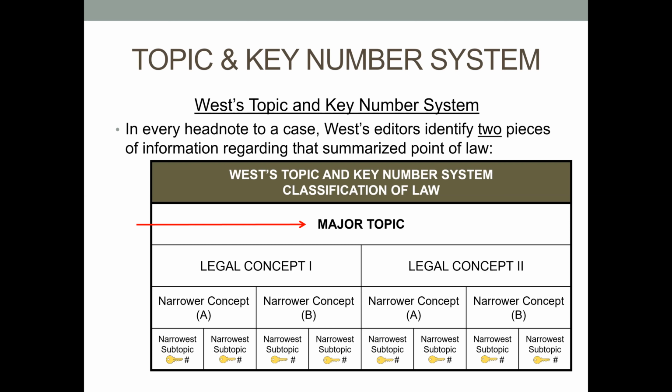First, there will be a word or phrase next to the head note number, and that identifies which of the 400 plus major topics the summarized point of law relates to. And that will be a word or a phrase. And then next to it, there will be a key symbol followed by a number.